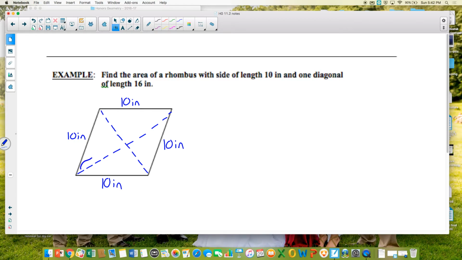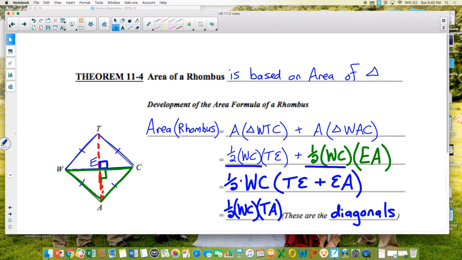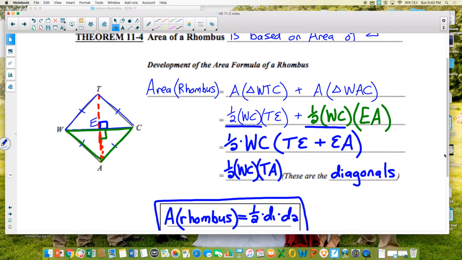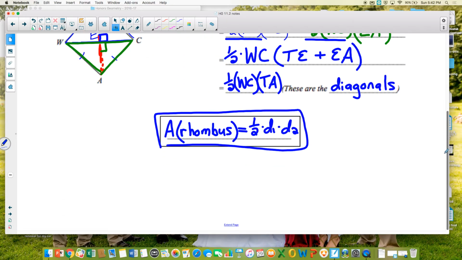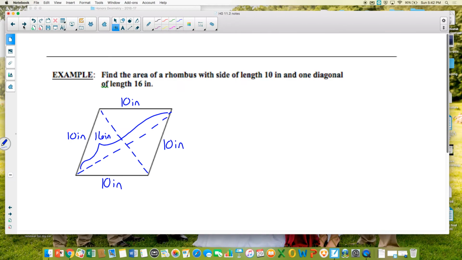So we know that this whole distance of this diagonal, we'll call this 16. We want to find the area of this rhombus. Looking back, area of a rhombus is diagonal 1 times diagonal 2 times half from this box. So taking that formula, area of rhombus equals 1/2 diagonal 1 times diagonal 2.